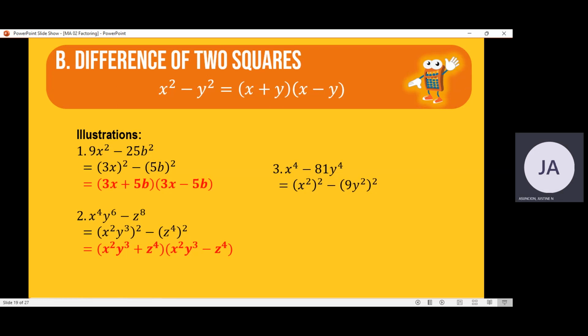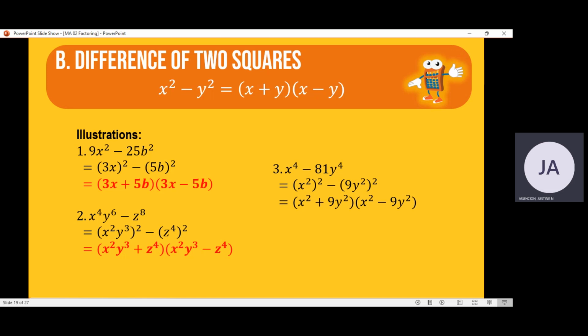So we can have x squared plus 9y squared times the quantity x squared minus 9y squared. But look at the second factor, x squared minus 9y squared.